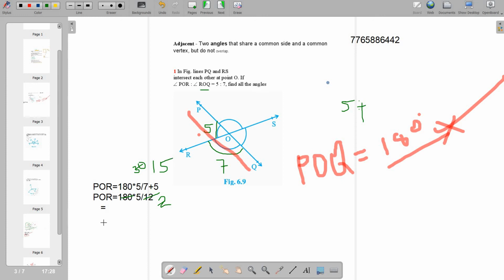That means POR is equal to 15 into 5, that is equal to 75. Hoping that these concepts are clear for you. That is 75.